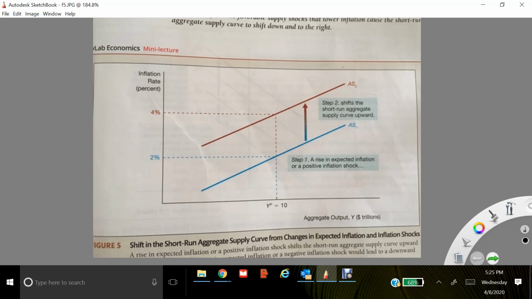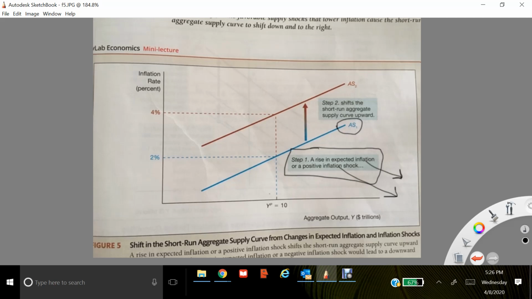Okay, so this is figure 5 on page 525, and here in blue is our initial aggregate supply curve, and the two shocks, or the two autonomous changes, that could occur would be a rise in expected inflation or a positive inflation shock.